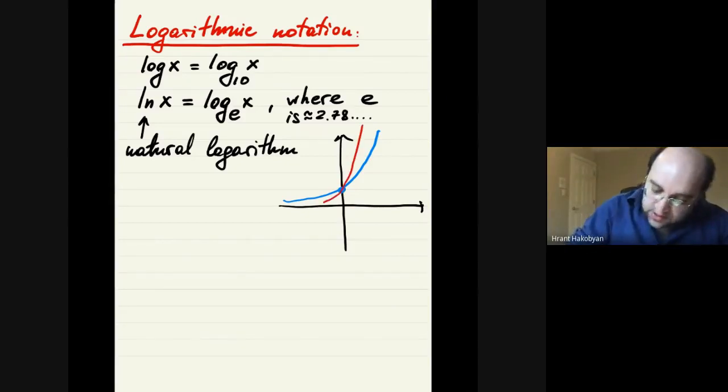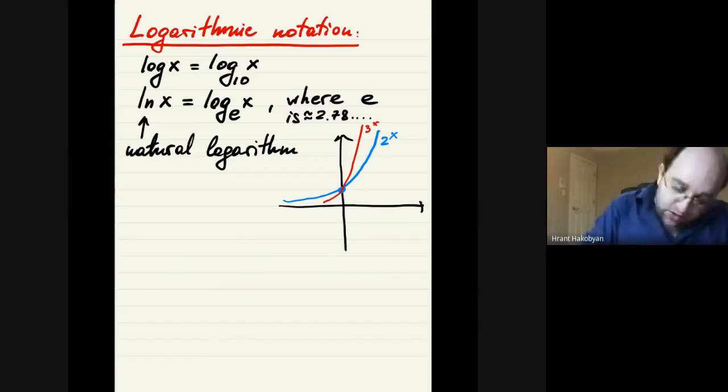So let's say this is the graph of 3 to the power x, and this is the graph of 2 to the power x. Well, as you note here, this e is 2.78, a number between 2 and 3.